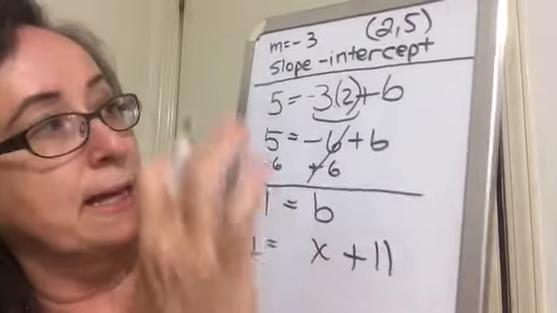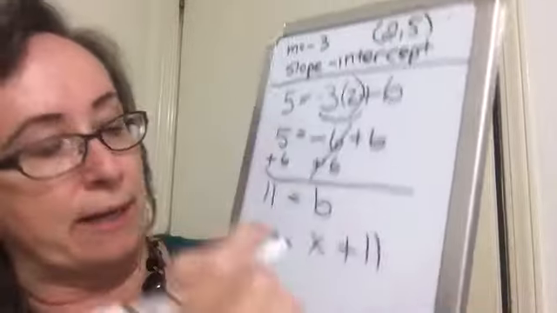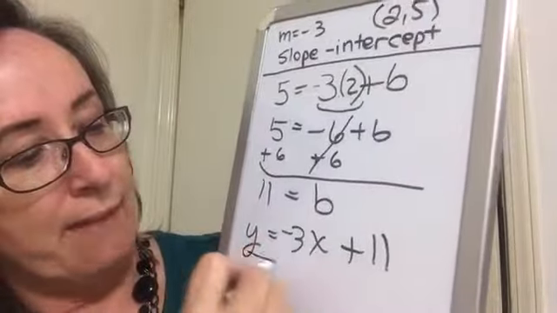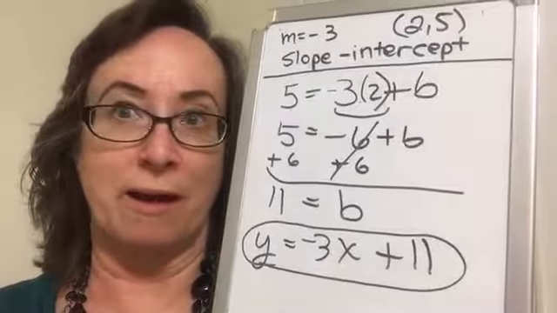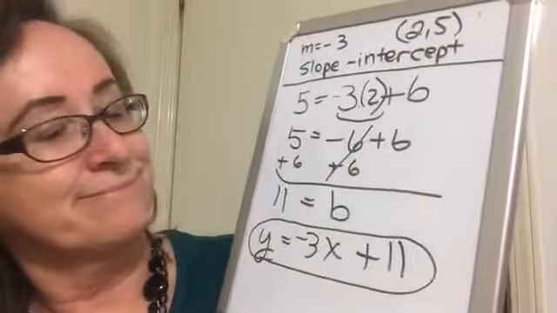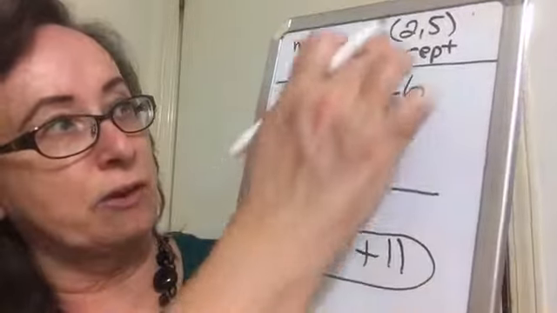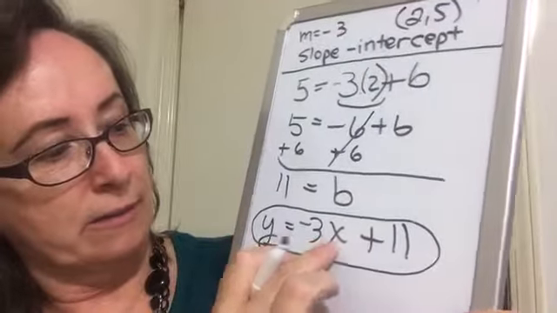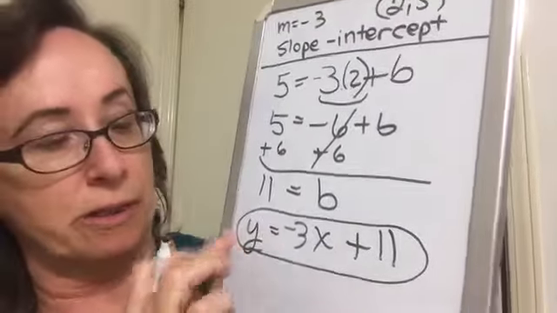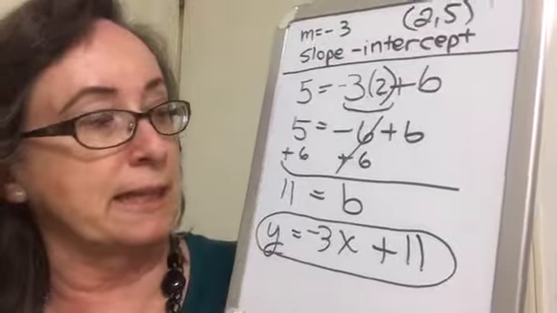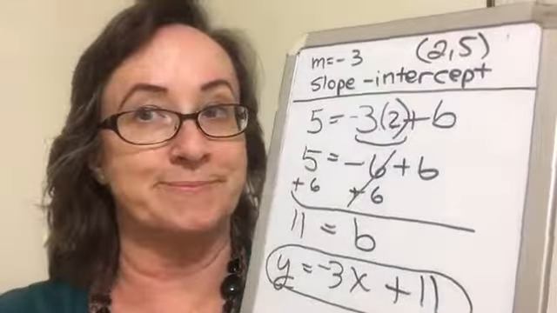My slope is, from my problem, -3. And that is the slope-intercept form of that line. And you can plug in 2, 5 here and here, and you can see that it does make the equation true, and we do know that the slope is -3, so you can easily check them.